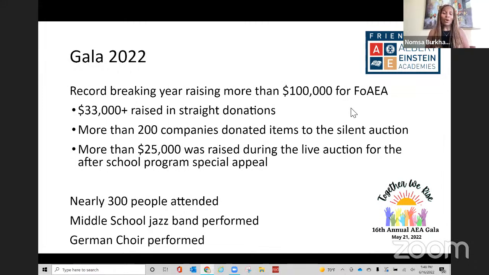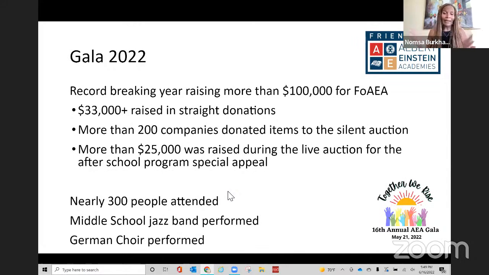And I'm sure I'm speaking for all my fellow, or soon-to-be ex, board members that we're so thankful for the amount of support that we received from the community. This $100,000 speaks for itself, and I'm pretty sure there'll be much more as all the finances are totaled and put together.